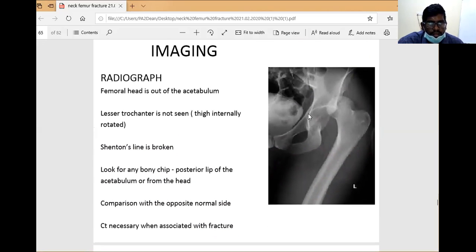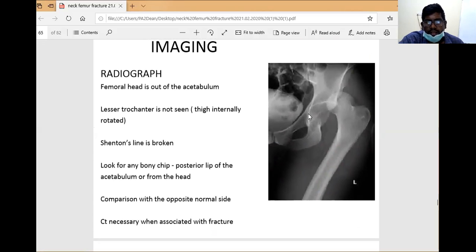Coming to the imaging, a radiograph is taken and the femoral head is out of the acetabulum. It is high above the acetabulum and posteriorly displaced, and Shenton's line is broken, and the lesser trochanter is not visible. Why? Because it is severely internally rotated.